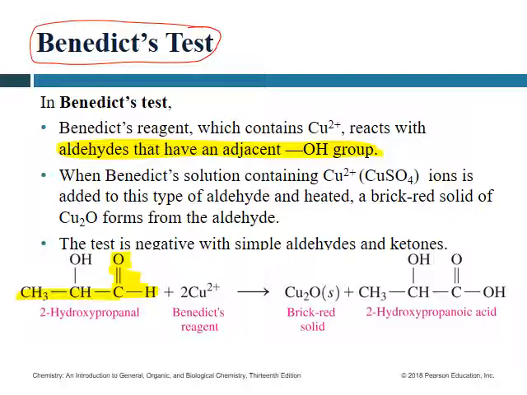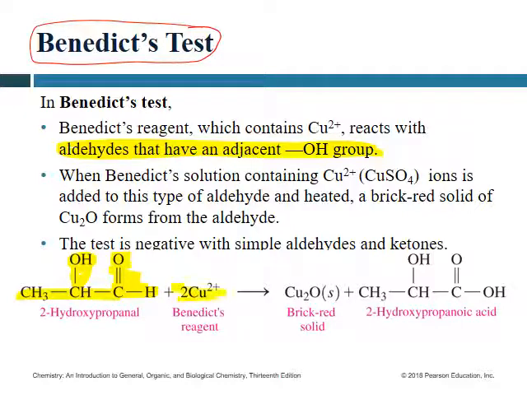So this is an aldehyde. And what does this have? It has an adjacent carbon, which is the carbon next to the aldehyde carbon, has the hydroxyl group. So an aldehyde which has the hydroxy group next to the aldehyde group would be the one which will give a positive test with Benedict reagent. Any other aldehyde will not give a positive test. And what is Benedict reagent?